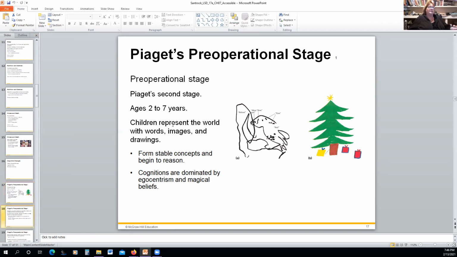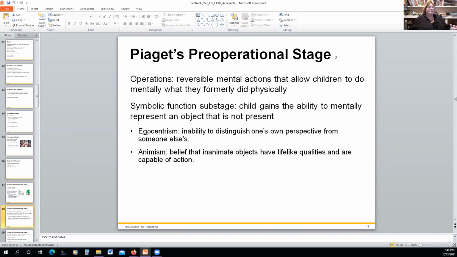And it looks at this idea of limits of pre-operational thought. This idea that kids' thought is limited in what they understand, that their thought is very egocentric. It's very centered on themselves, meaning if they think it, everybody else thinks it. This idea of animism, this belief that inanimate objects have lifelike qualities.